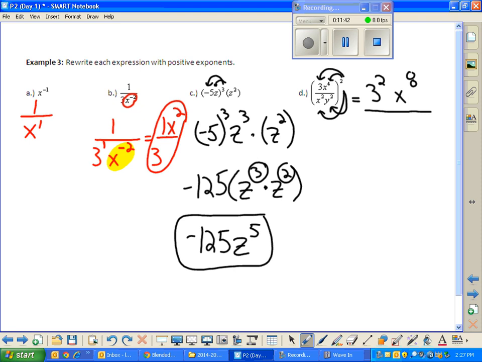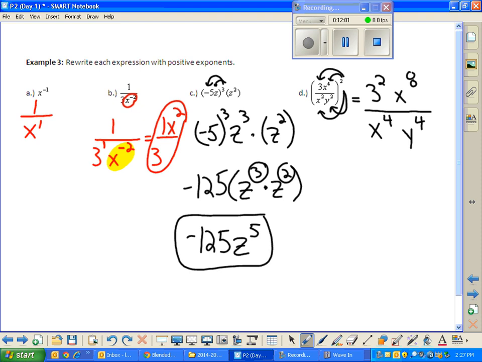On the denominator of this particular fraction, I have x squared that now needs to be squared. 2 times 2 will give me 4. And then y squared squared is also y to the 4th, because 2 times 2 is 4.